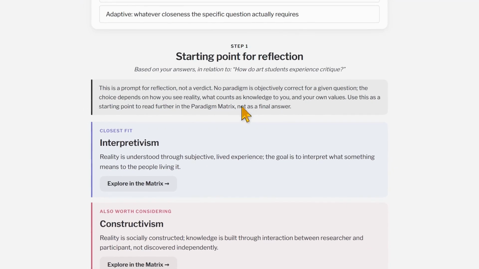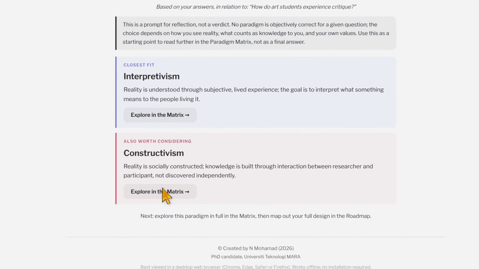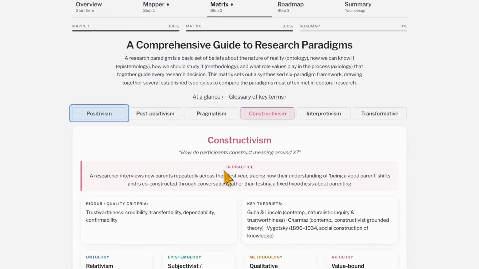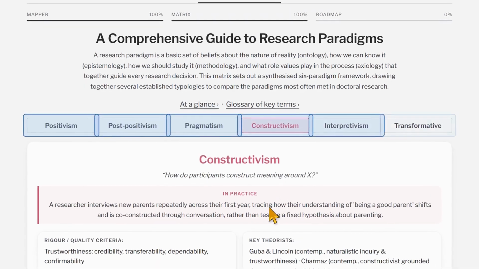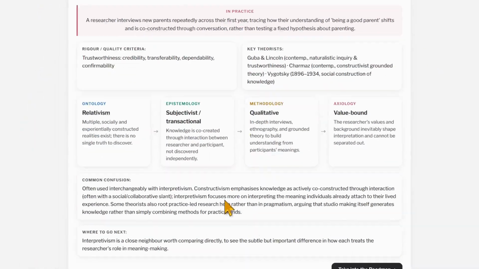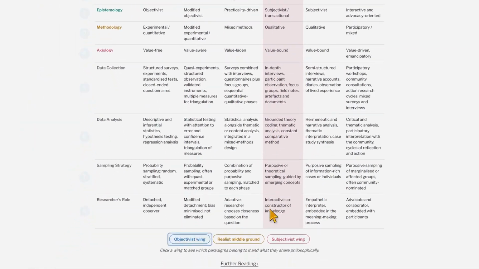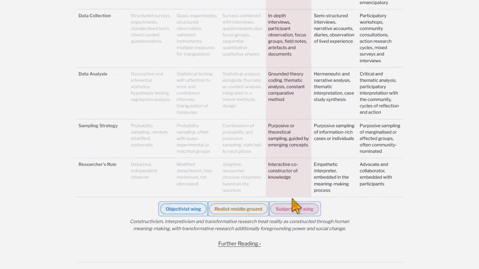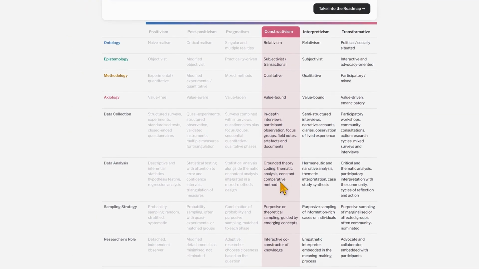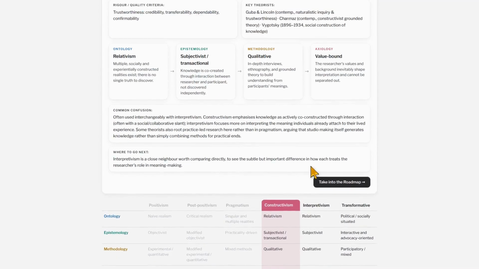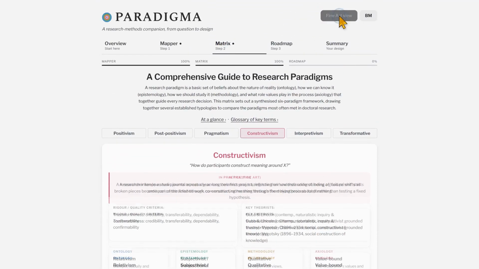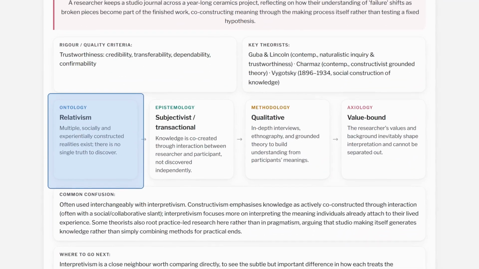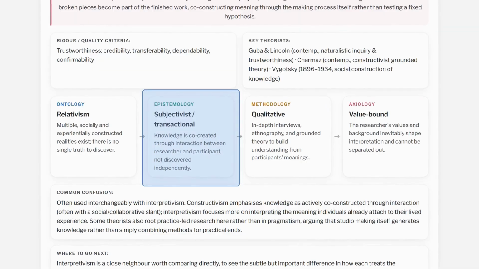Once the student has that starting point, the second tool opens it up. The comprehensive paradigm matrix takes those same 6 paradigms and sets them against 8 dimensions. They sit in 3 wings, so the matrix reads as a spectrum, not as 6 separate boxes. Now watch the top right corner. Same paradigm, same ontology, same epistemology.